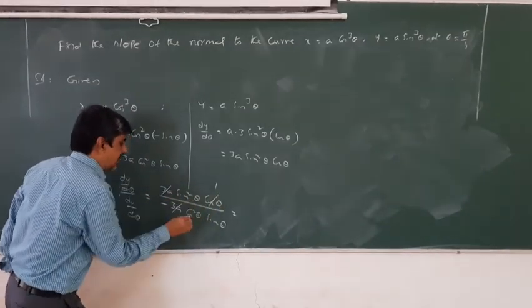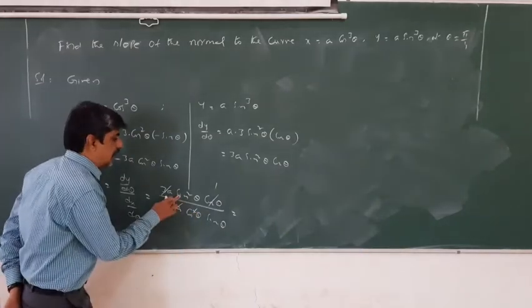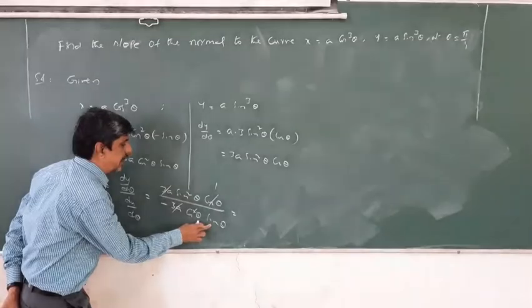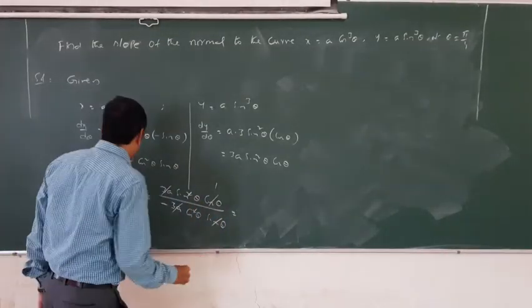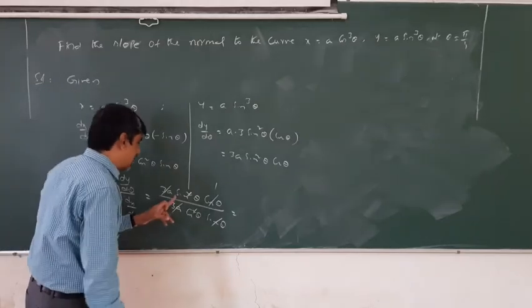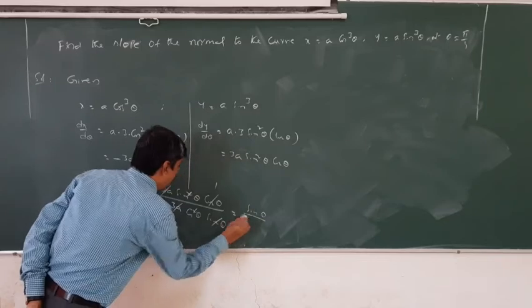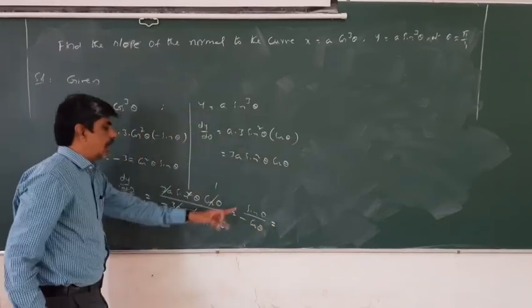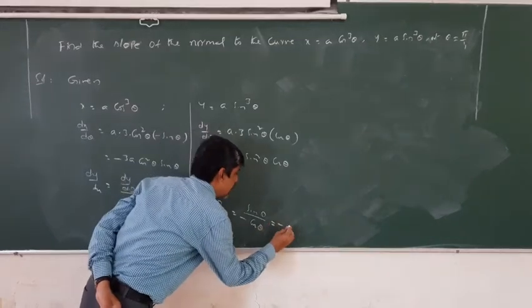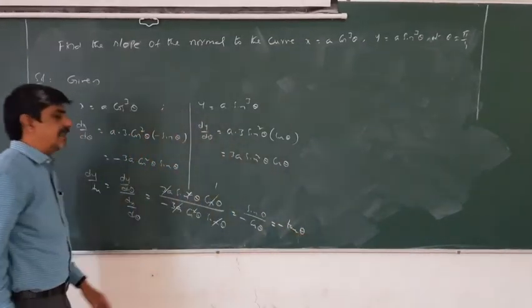Cos theta cancels, since cos square theta is cos theta times cos theta, and sin theta cancels with sin square theta. The remaining value of dy by dx is sin theta by minus cos theta, which is minus sin theta by cos theta, nothing but minus tan theta.